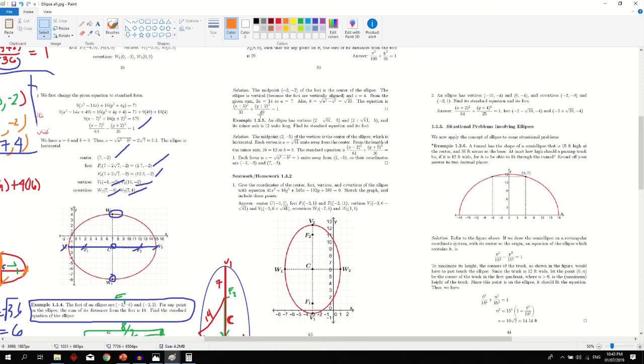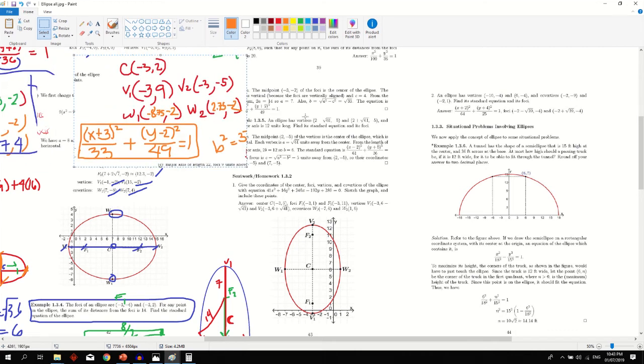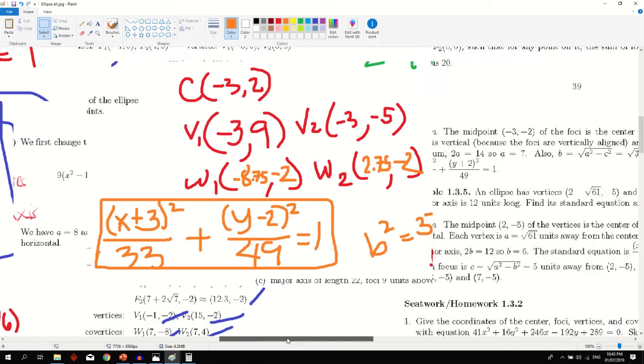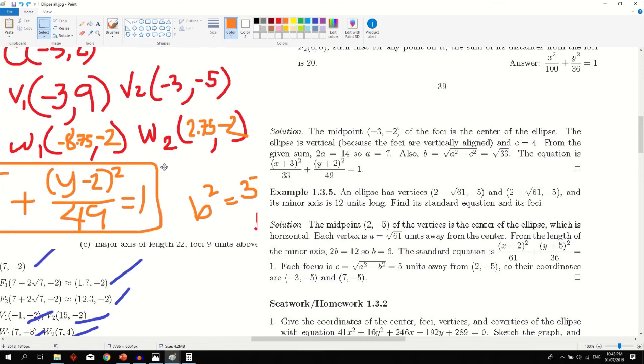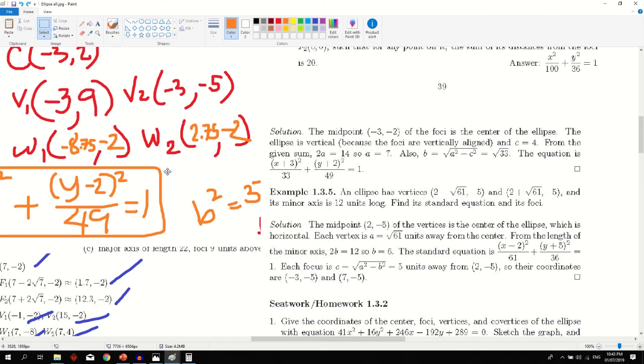This is the solution here. Okay, so we have gone too far. All we need is the equation, right? So we've gone too far.